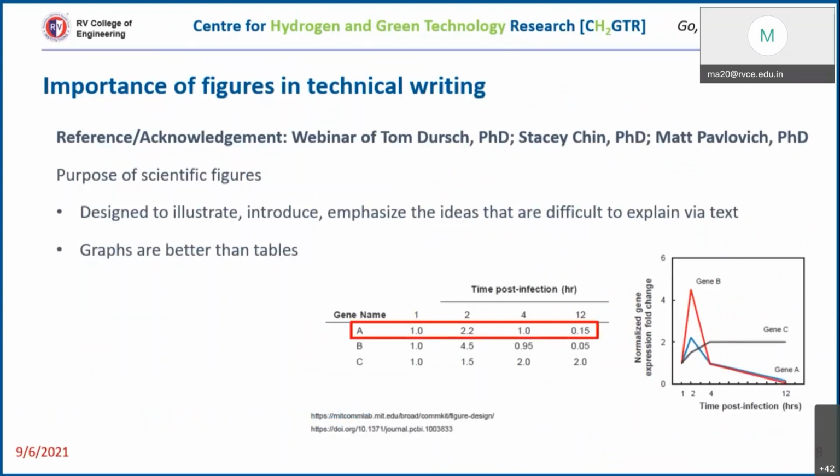Here, beside the red curve there is an explanation which says gene B, the black curve is gene C, and the blue curve is gene A. So gene A, B, C is an example of legend. The legend is used to give better clarity or give additional information about that picture.